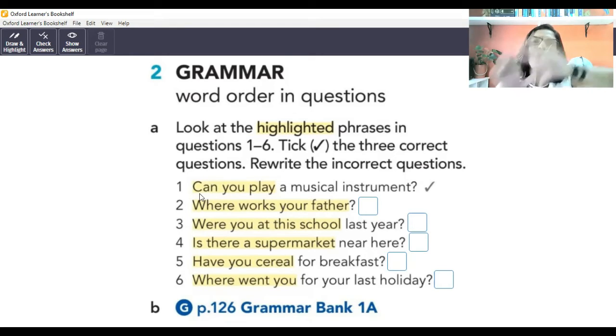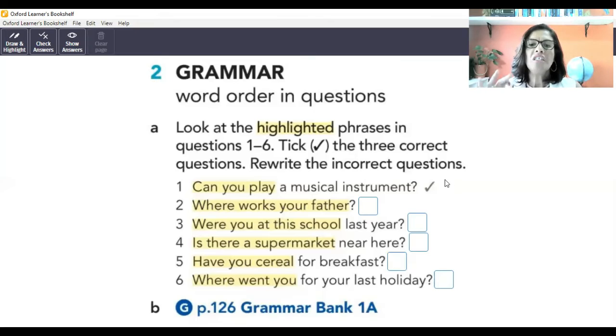You put it at the beginning to make questions, right? And in affirmative, it has to be accompanied by a main verb. So can to talk about capability. So can you play a musical instrument? That is correct.